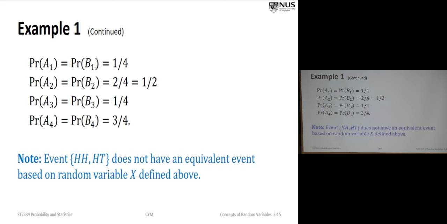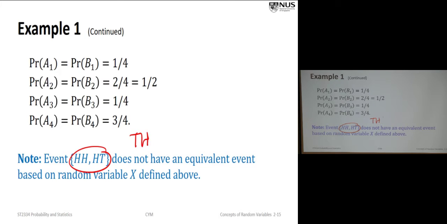But this one, this is an event. You can find it in the sample space. It's a subset of the sample space, HH and HT. But you cannot find an equivalent event in the random variable, because it does not correspond to the number of heads being 2 or 1. The number of heads equal to 2 or 1 would include TH, which is not here.